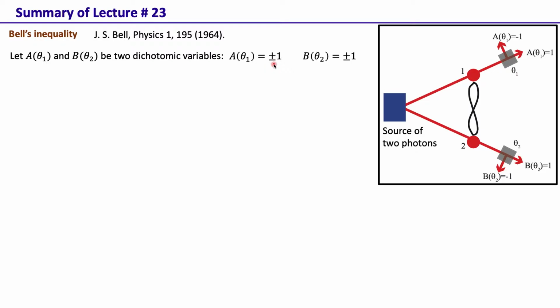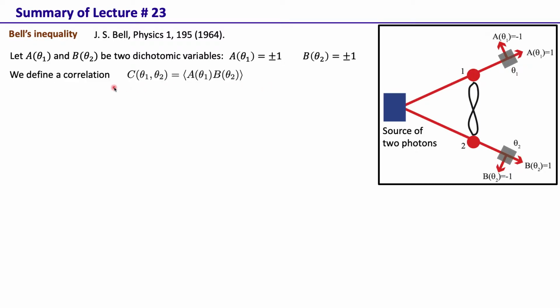That means they can take values plus minus 1 each. Before A is measured, there is a polarizer for the first photon and a polarizer for the second photon, and depending on the orientation of the polarizer, one then looks at the value of A and B, which can again just be plus minus 1.